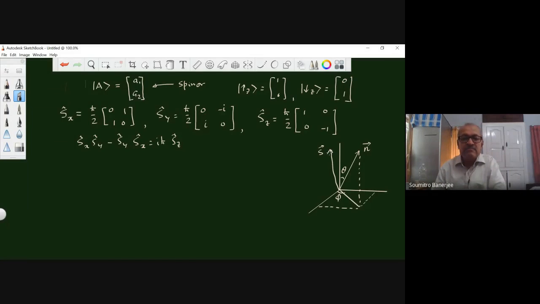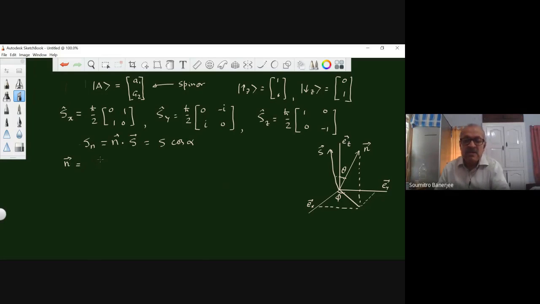So in that case, let me delete this also and make some space. Then the projection is n dot s. It is actually s cos alpha, where alpha is the angle between the two vectors. And the n vector can be expressed in terms of the basis vectors, let us call them ex, ey, ez.